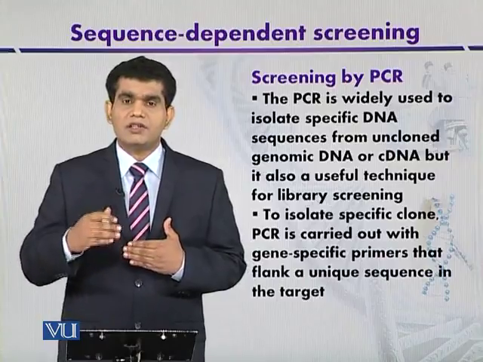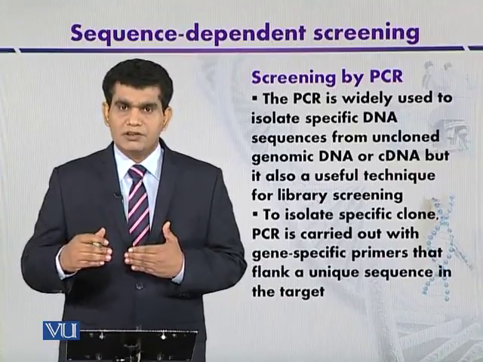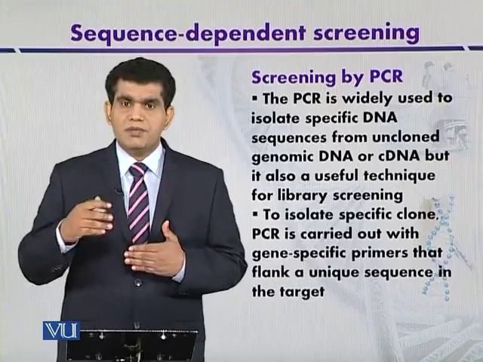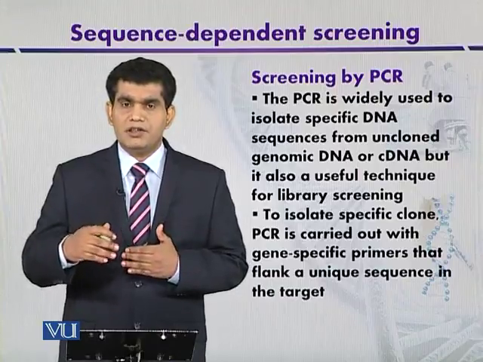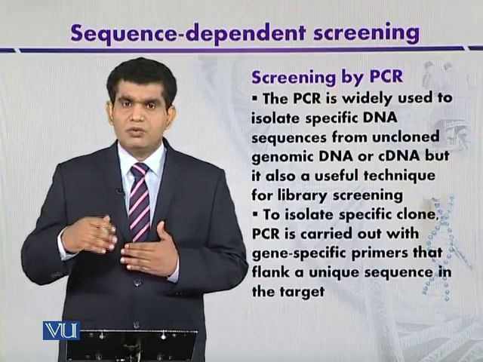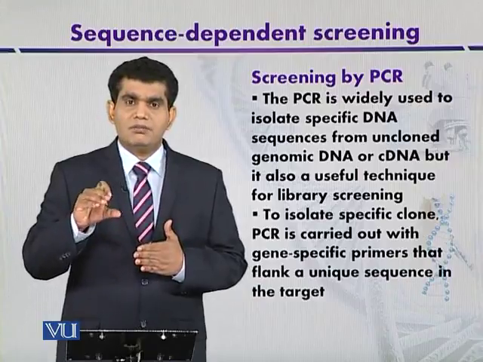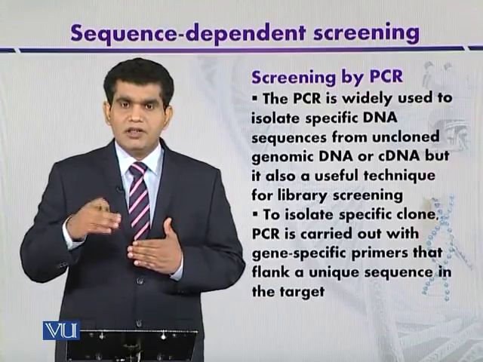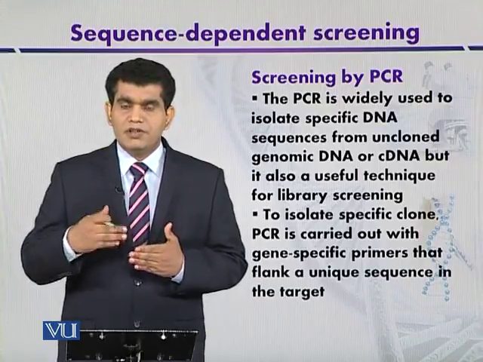So all these steps can be avoided by using PCR if we have the idea of the primers. So these are the primers for that particular target gene. Then we can perform the PCR study.